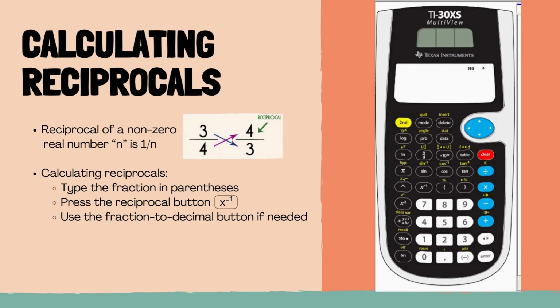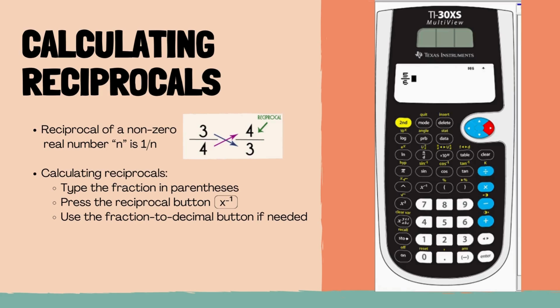And you can calculate this in your calculator. So let's say we wanted to find the reciprocal of 5 over 6. I'm going to use the n over d for numerator over denominator, put 5 over 6, and then I'm going to use the reciprocal button, which is x to the power of -1, and it's sandwiched in between your caret and your open parenthesis button.